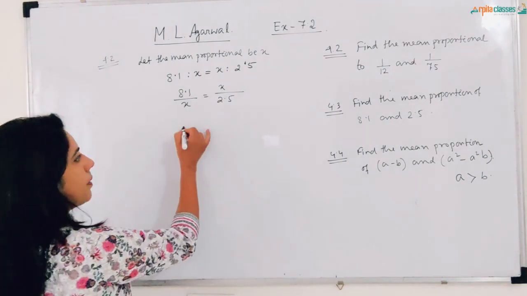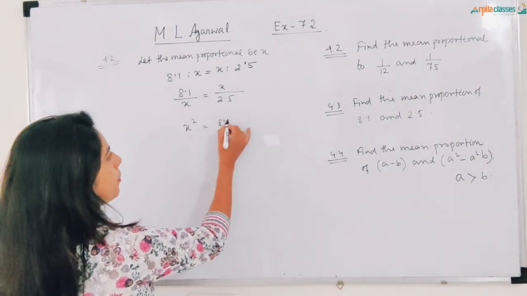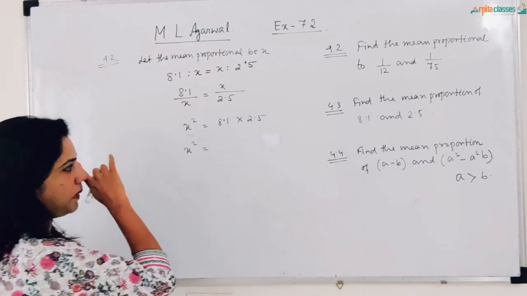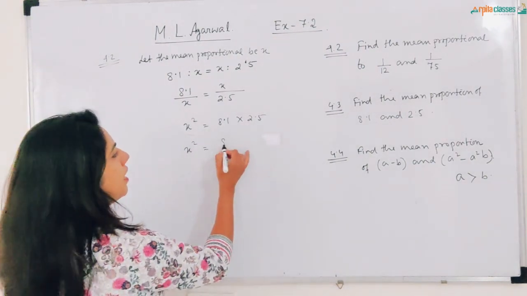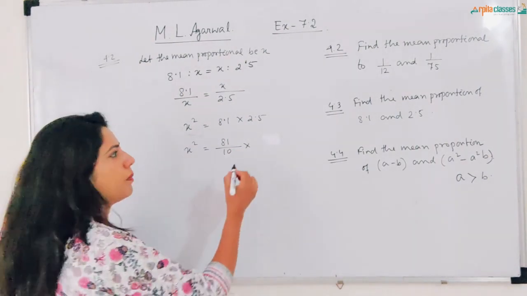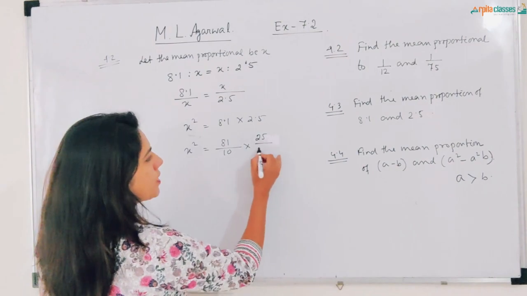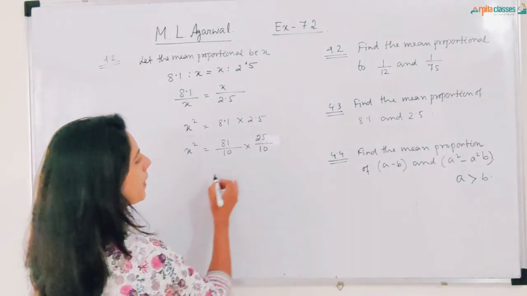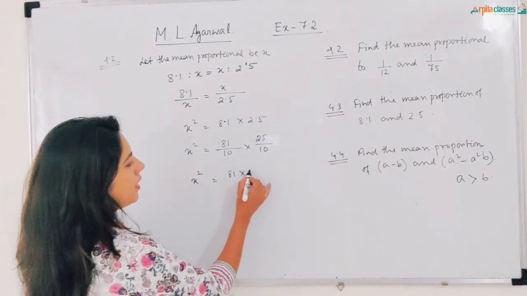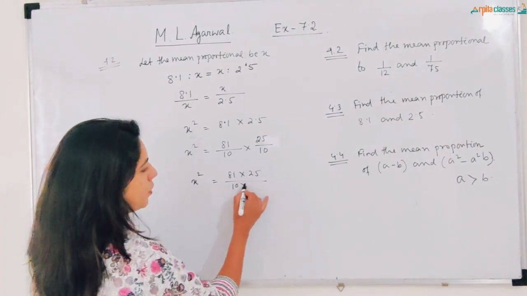Directly you can cross multiply. It will be x square is equal to 8.1 into 2.5. So x square is equal to, let me remove the point because it might be difficult for you with the calculation with the points. I always prefer calculation with fractions. So I have removed the point. So x square is equal to 81 into 25 divided by 10 into 10.